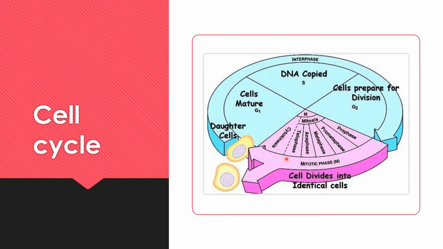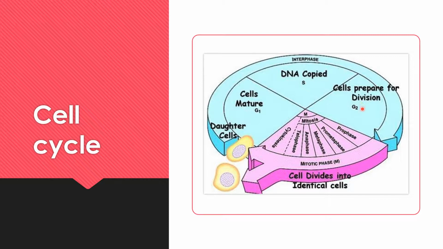Notice that the cell spends more time in the interphase, and the interphase consists of three phases the cell goes through. You have a G1 phase, and then you have S phase and G2 phase. We'll go further into detail on the following slides.